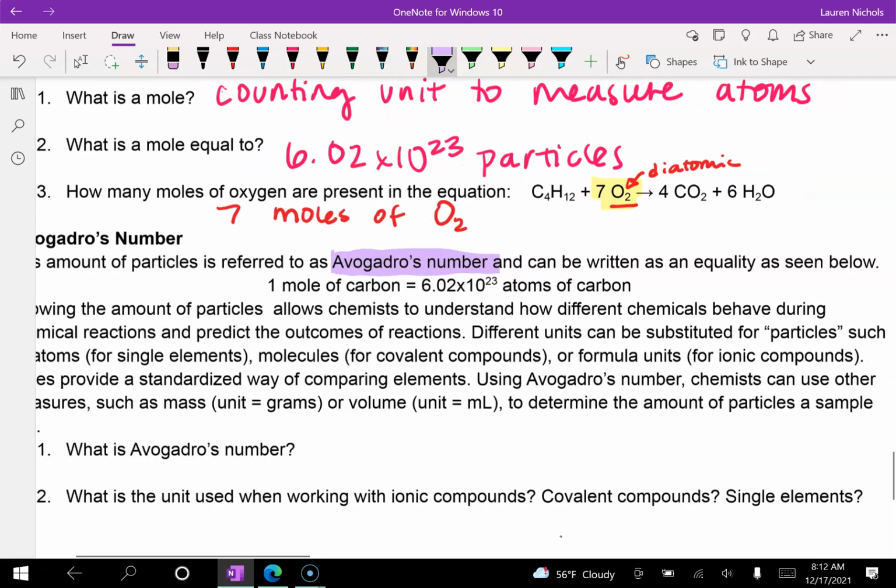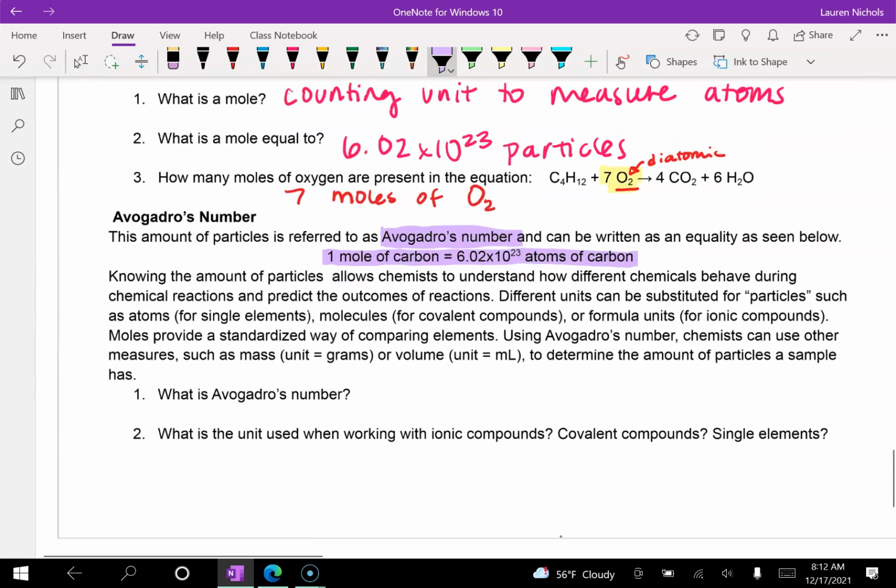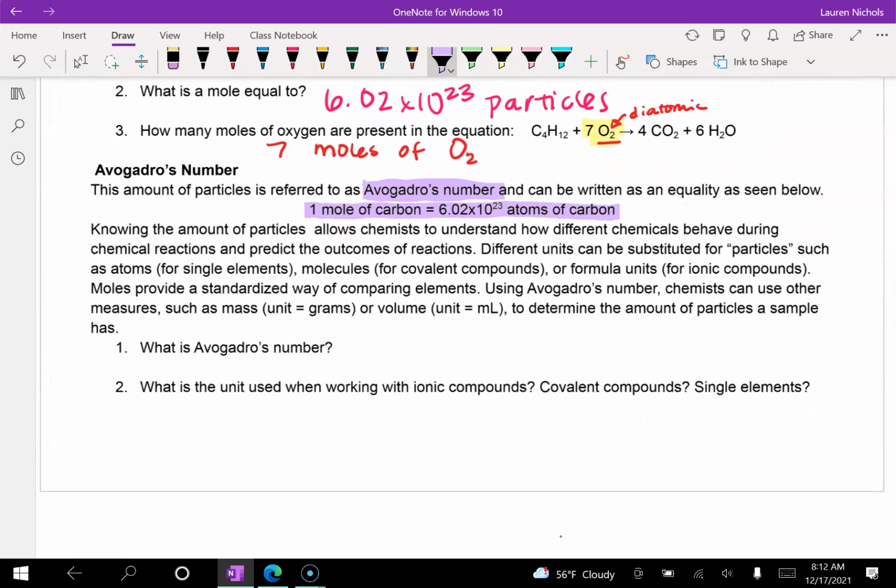And he basically took exactly 12.000 grams of carbon-12 and was able to do some math to figure out that 1 mole of carbon had this many atoms of carbon. And so everything is based around that. And so when we know the amount of particles, it allows us to understand how different chemicals behave, predict the outcomes, things like that.